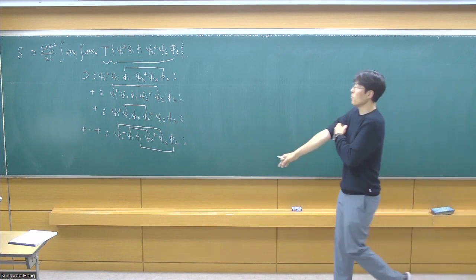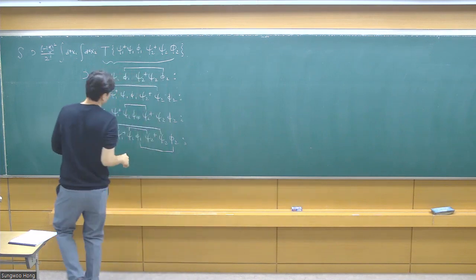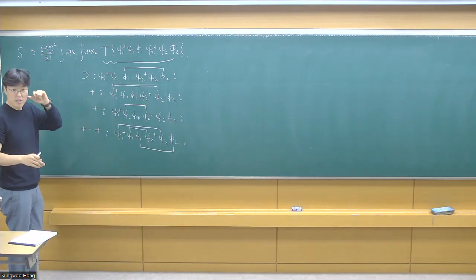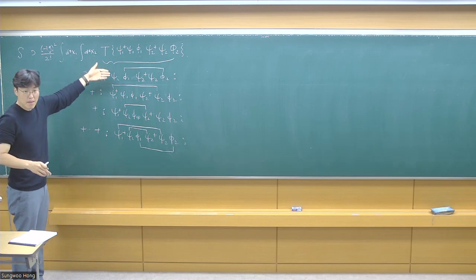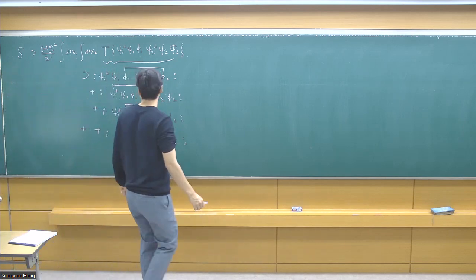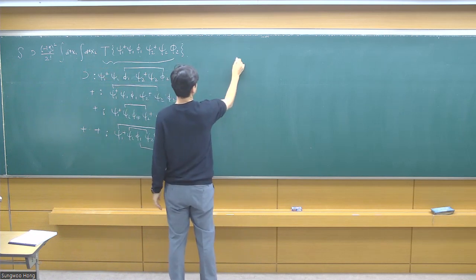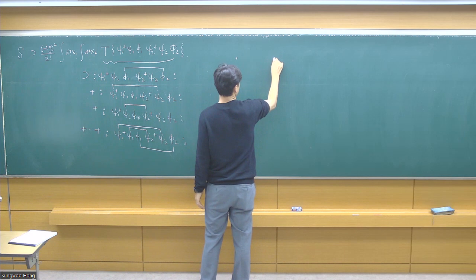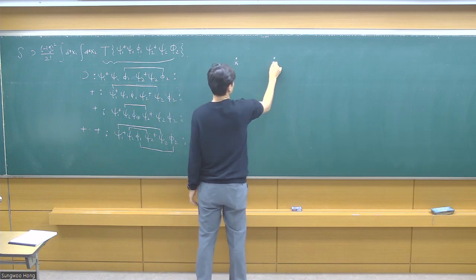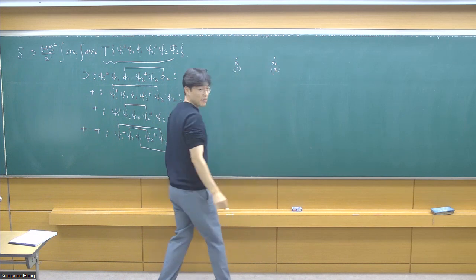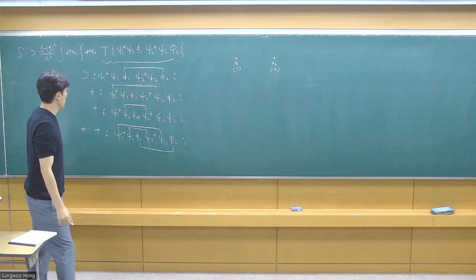Now we're going to invent a diagrammatic representation of this particular operator. This is an operator. For instance, we are working at second order, so that means there is a 2 point, x1, x2, and in the rest of the lecture I'm just going to write 1 and 2 to save some time.